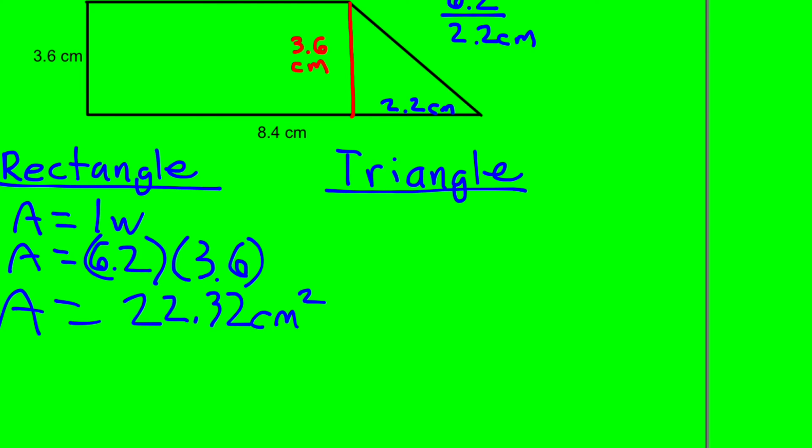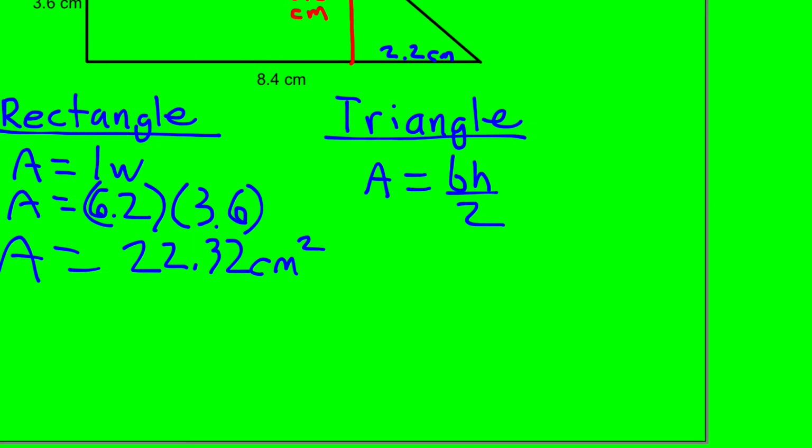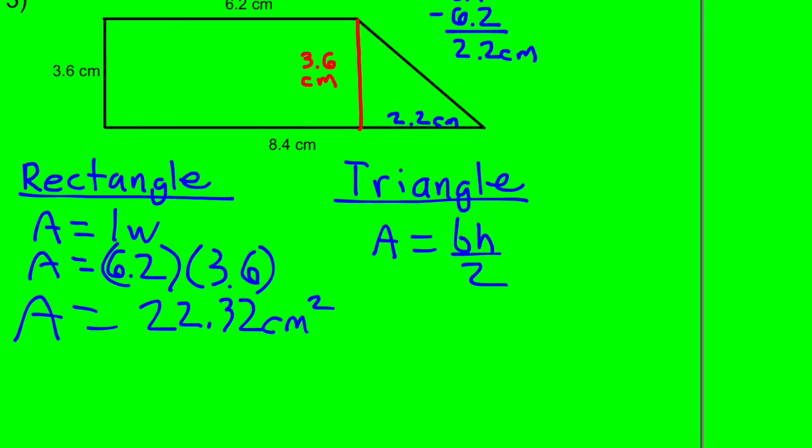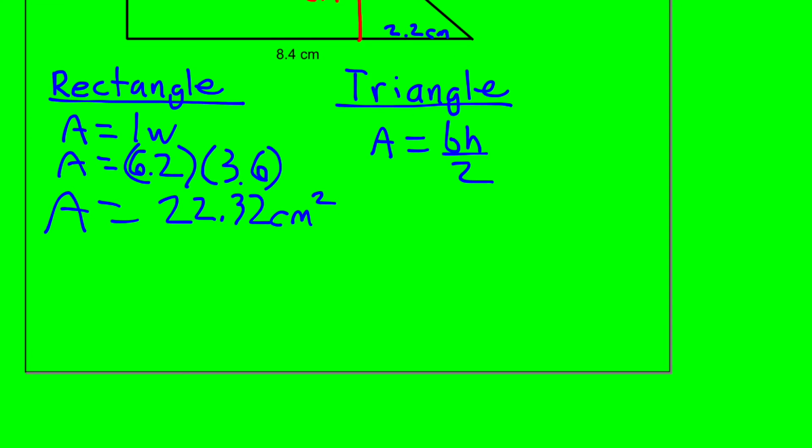The triangle is area equals base times height divided by 2. So the base of this triangle is 2.2. The height is 3.6. So area equals 2.2 times 3.6 divided by 2.